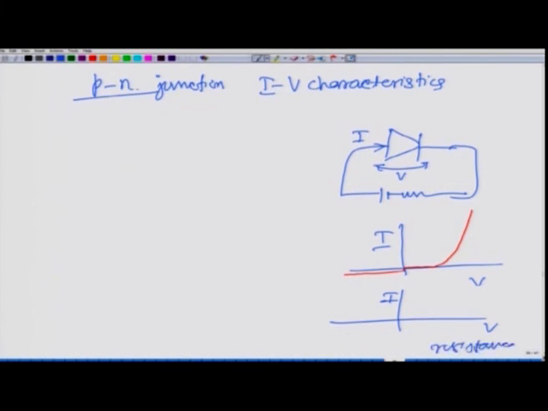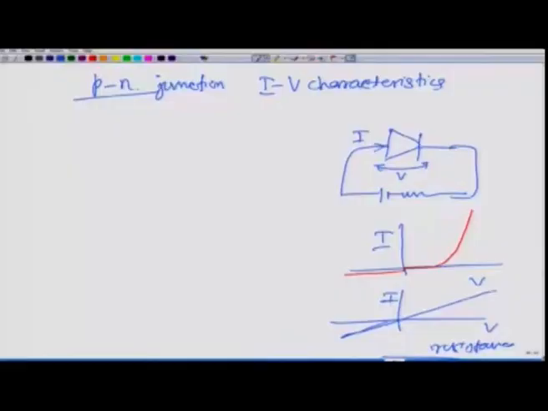There you have a fixed resistance, but for semiconductors it is non-linear. Here I have two different parts, input side and output side. So, in the transistor circuit I can talk of various characteristics.